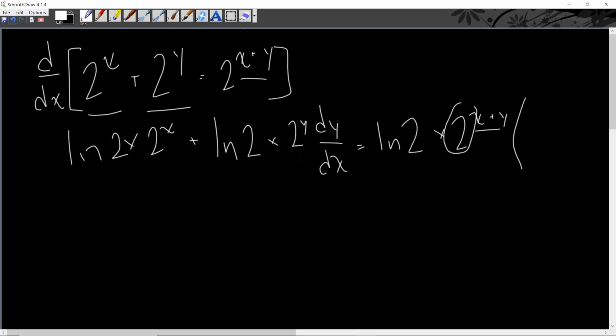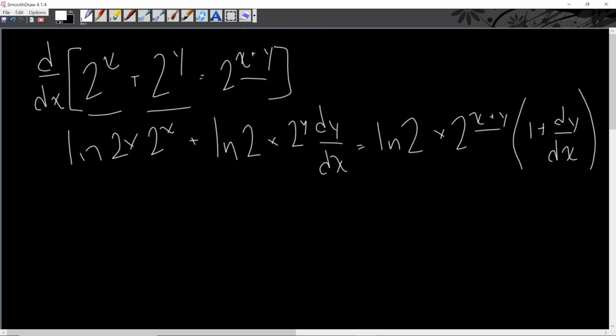So 2 to the power of x plus y is our outside function, x plus y is our inside function, and then derivative of x is going to be 1, derivative of y is going to be dy dx, so 1 plus dy dx.